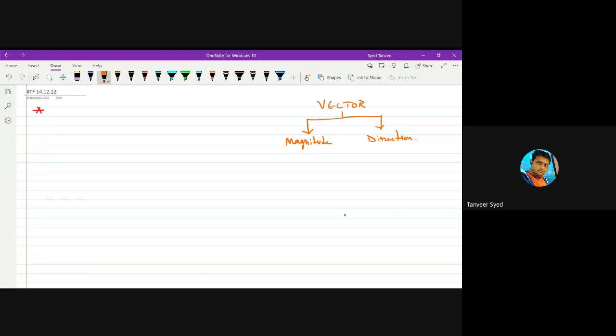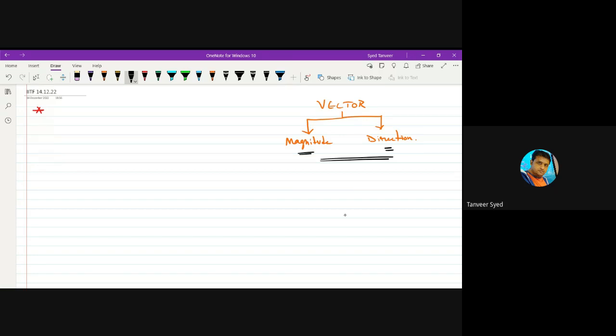When will the value of a vector change? It will change when either the magnitude changes or the direction changes or both change. Value of a vector changes if you change its magnitude or if you change its direction or if you change both.